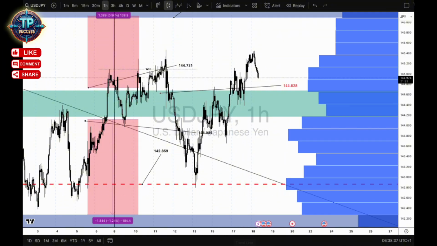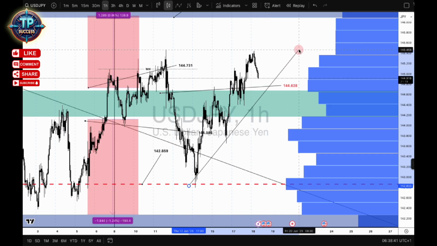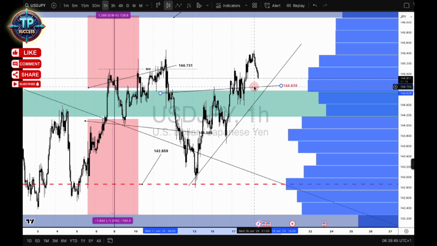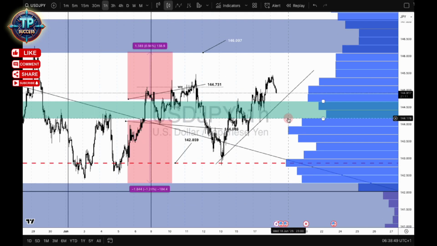So what we're looking for right now is to see what price is going to do as it's doing what it's doing right now. And in my opinion, based on the fact that we've had price close above this low value node area over here, when price comes back down, let's see how low it comes today, right?